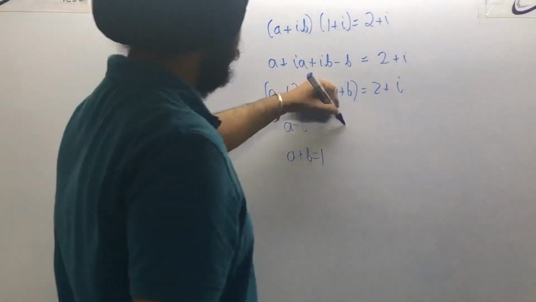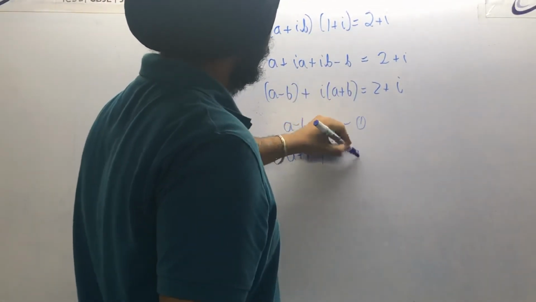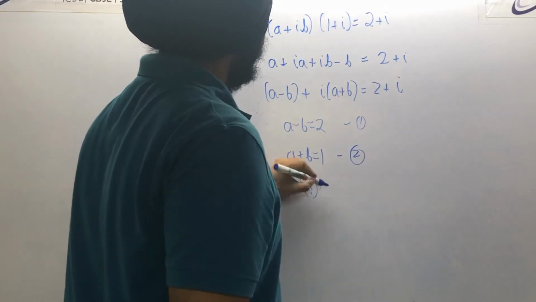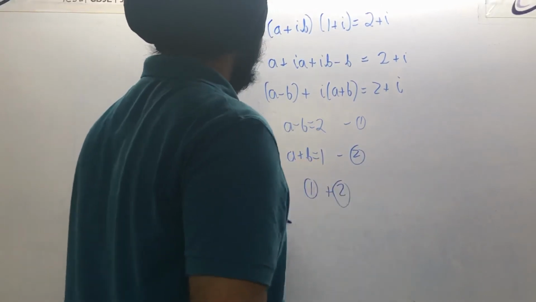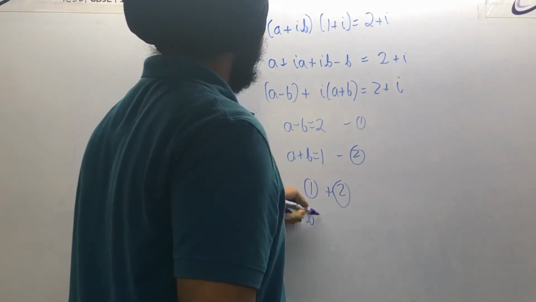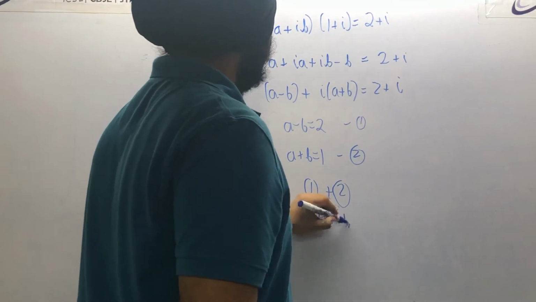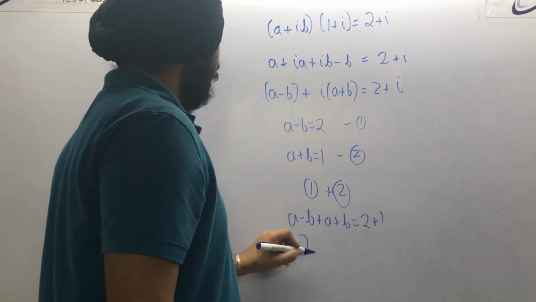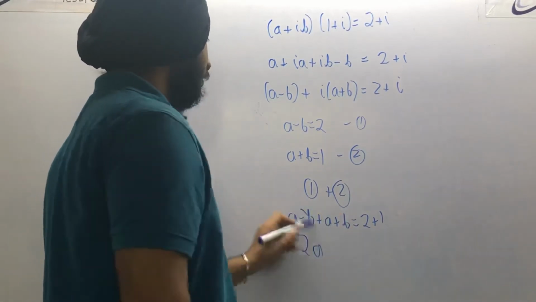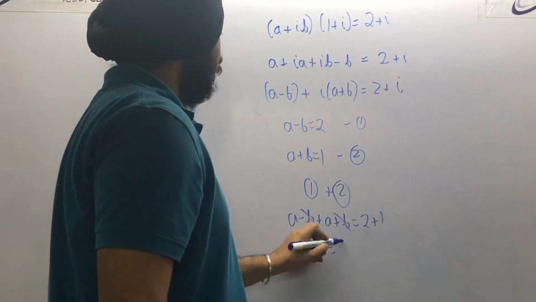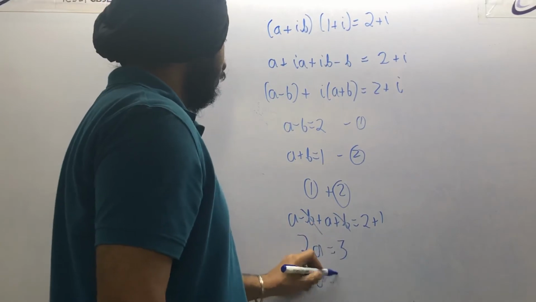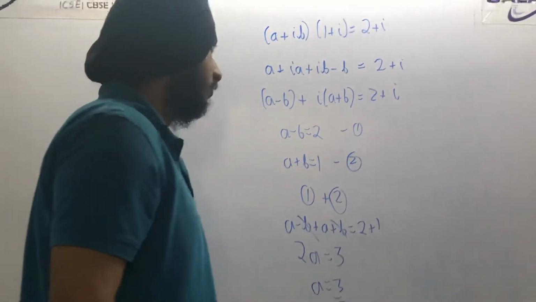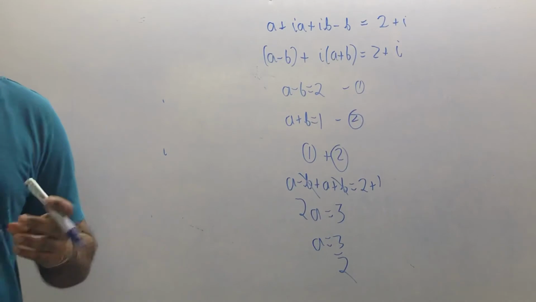So this is equation 1, this is equation 2. Equation 1 plus equation 2, that is a minus b plus a plus b is equal to 2 plus 1. So 2a, b and b will be cancelled, is equal to 3. So a is equal to 3 by 2. So this is the answer. A is equal to 3 by 2.